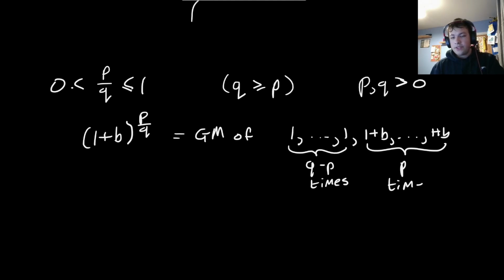Because we multiply all of these together, we get 1 plus b to the power of p times 1 to the power of q minus p, so 1 plus b to the power of p, and then we take the qth root of this.